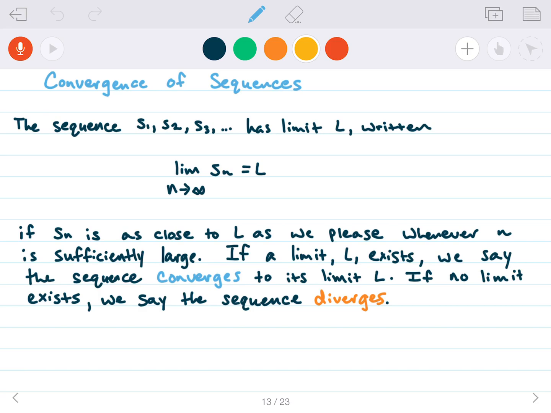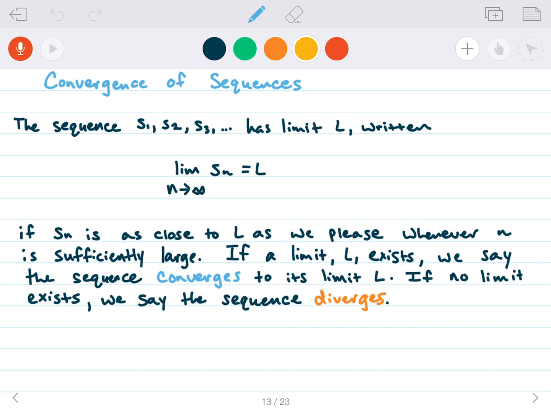Okay, so let's talk about convergence of sequences. We talked a little bit about convergence and divergence before, and we're going to bring it up again. So we say that a sequence has a limit if the sequence gets bigger and bigger, it approaches some number L. Okay, so L is going to be our limit.